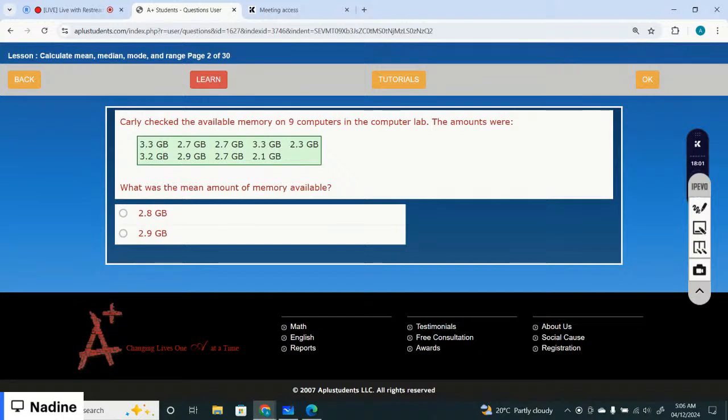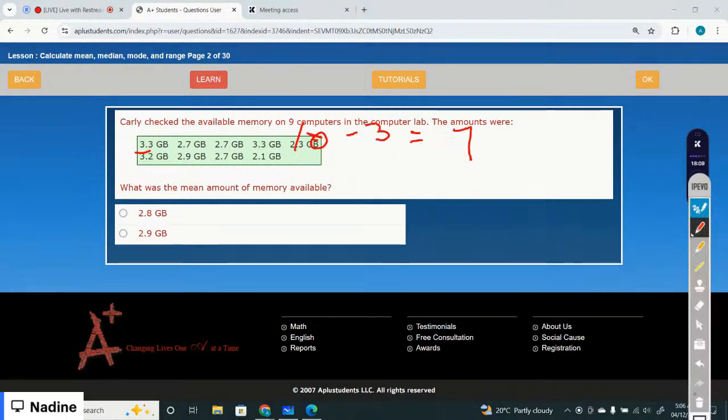Sorry, I thought for the mean you have to add them all and divide by the number of values given.